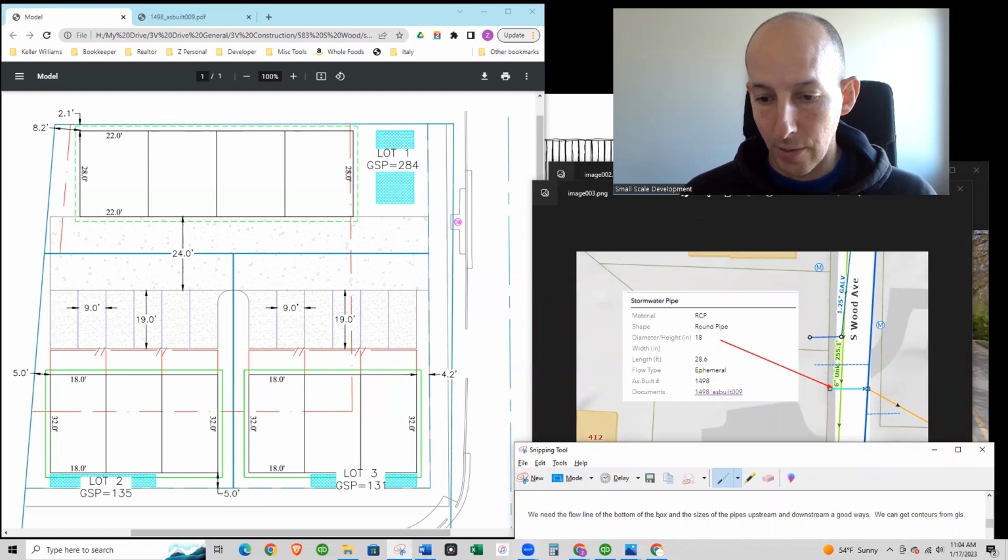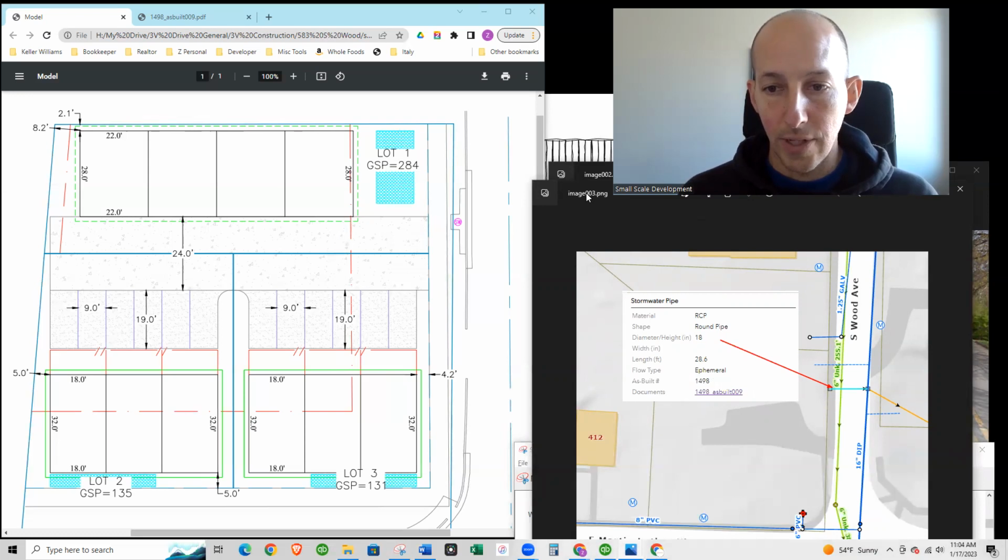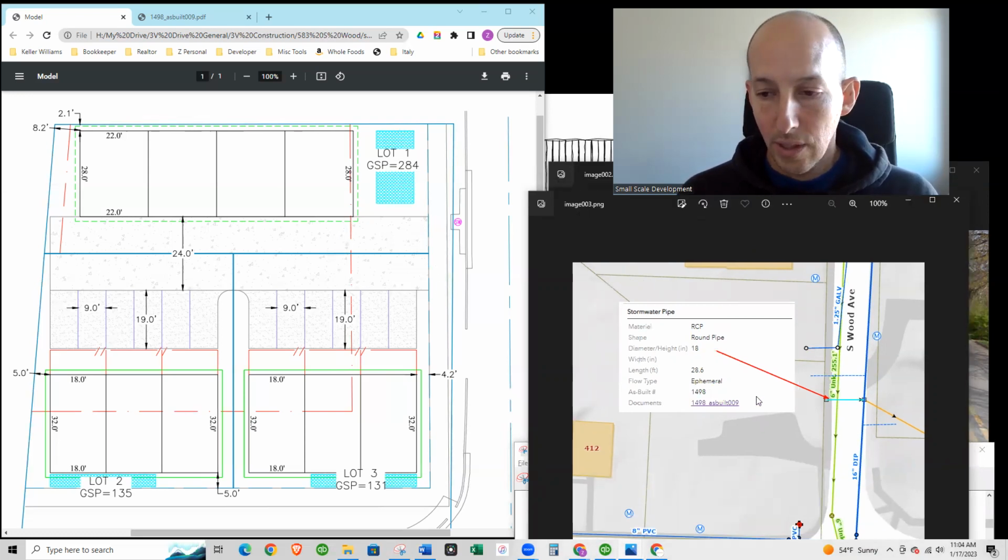That's the stormwater inlet box, and the sizes of the pipes upstream and downstream a good ways, and then they can get the contours from the GIS. So I haven't gotten that resolved yet, whether we can do this or not.